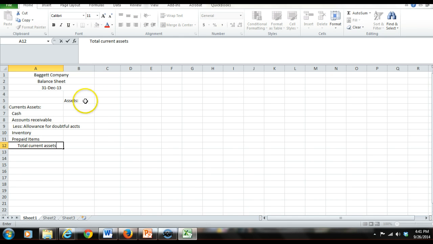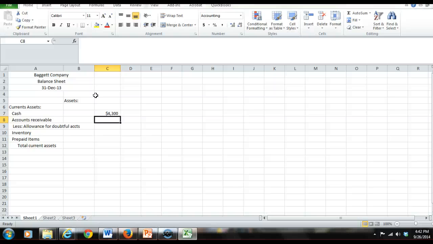So if I go in here, I'm going to show the current assets for cash, $4,300. The accounts receivable we have at $12,600 minus our $1,600. I'm just going to move this out of columns so I've got more space here.